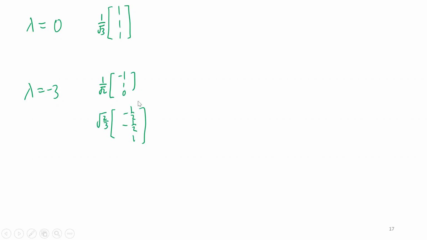So with this, if you construct this P matrix using these 3 orthonormal eigenvectors, then you will have this.